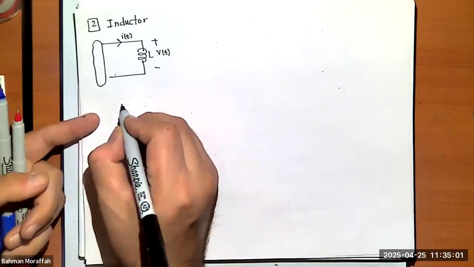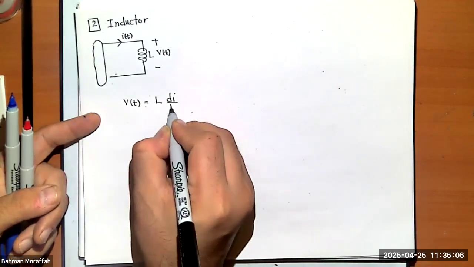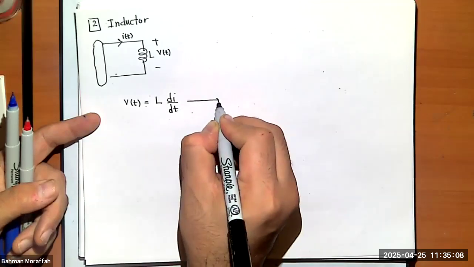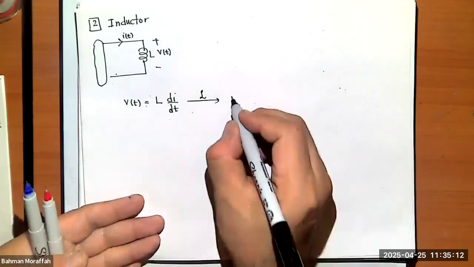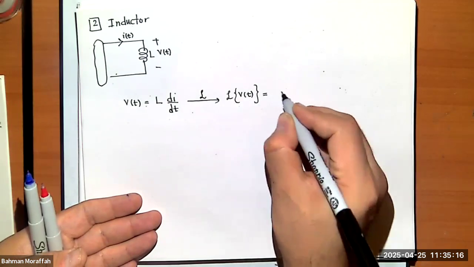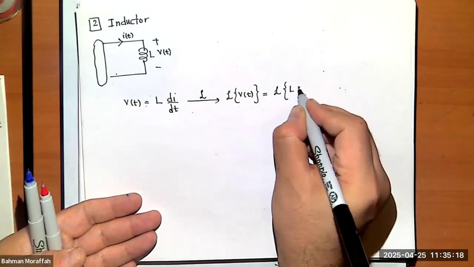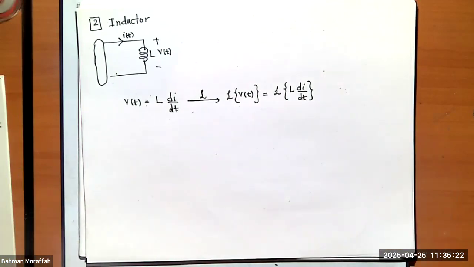So I know V of t equals L dI/dt. Again, I can take the Laplace transform of both sides. I have the Laplace transform of V of t equals the Laplace transform of L dI/dt. Again, the Laplace transform is linear, so I can pull the constant L out.